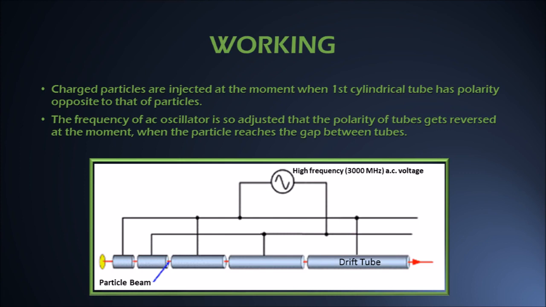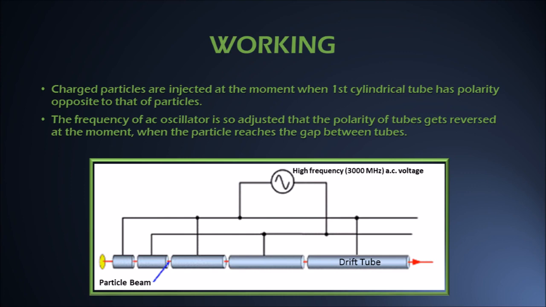This process is repeated till the particle acquires the required amount of energy. The high energy particles coming out of the last tube are then made to strike the target. This is about the working of linear accelerator.